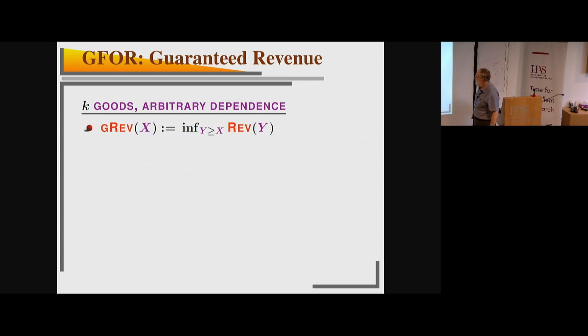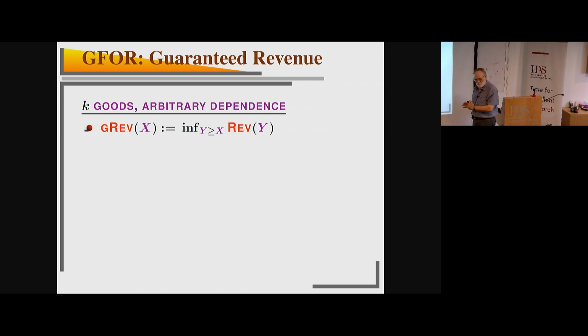Okay, now I come to your question. I'm still with k goods and arbitrary dependence. Now, remember the guaranteed revenue. What was the guaranteed revenue? It's defined first by what's the worst revenue that you can get if x is just a lower bound on the valuation.